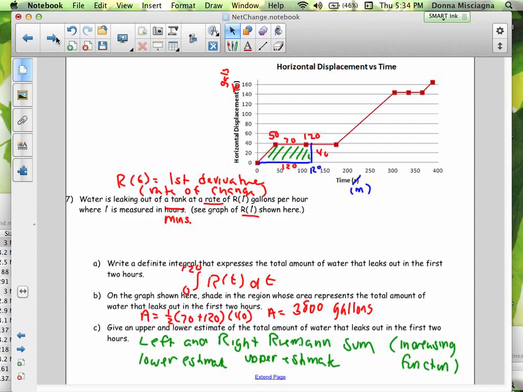If it's an increasing function, then the left gives the lower estimate and the right gives the upper estimate. If it was a decreasing function, then it would be the reverse. Then you just do a Riemann sum, break this thing into rectangles. And if it doesn't tell you how big the rectangles should be, then you get to decide yourself.